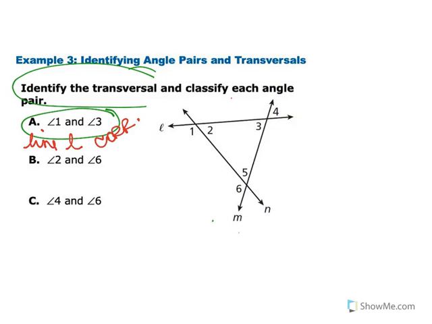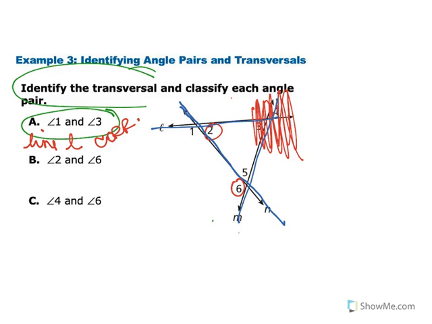So now for B, we're talking about angle 2 and angle 6. So that means that these guys over here don't matter at all. So we've got this line cutting through this line and this line. So this is the line that touches both of the angles that we're talking about, so the transversal is line N. And notice that 2 and 6 are both inside the 2 lines, right?